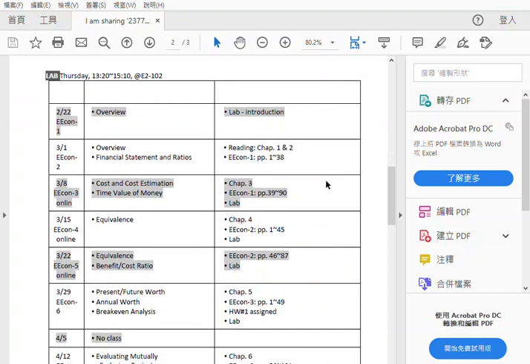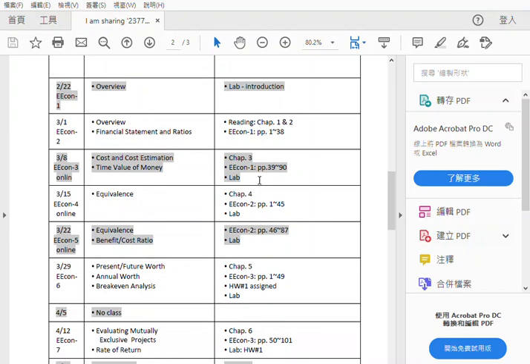Okay, so the class schedule is probably quite apparent here. This week, I'm going to give a little overview, and it will be recorded and put on the Moodle platform.